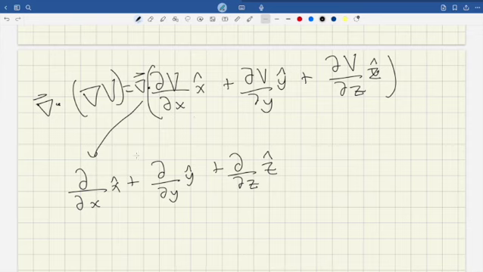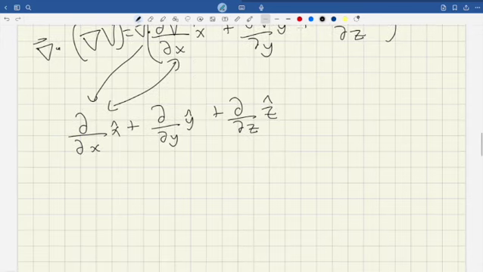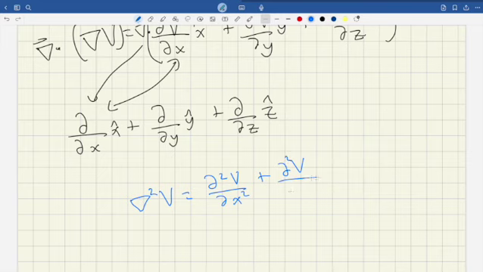And when you dot this expression with this, I think you'll be able to see that nabla squared of v is simply going to be d squared v over dx squared plus the second derivative of v with respect to y, and then the second derivative with respect to z. This is what we get for this whole expression nabla squared of v.